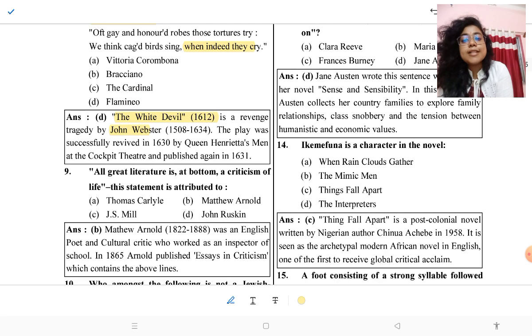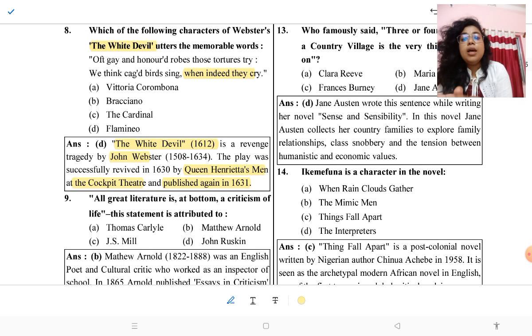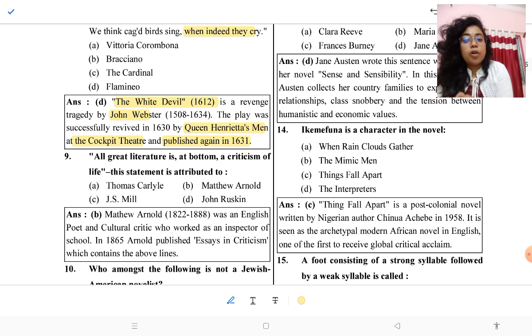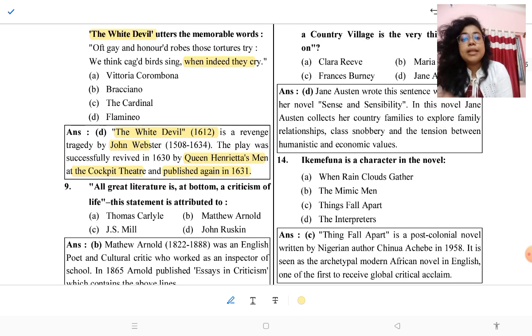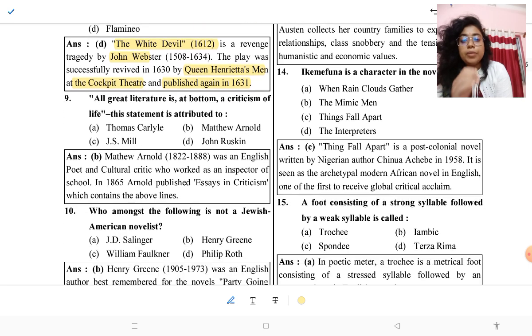The play was successfully revived in 1630 by Queen Henrietta's Men at the Cockpit Theatre, and published again in 1631. There are many other questions asking for the odd one out among revenge tragedies, and there you can see the name of The White Devil. It was staged by Queen Henrietta's Men at the Cockpit Theatre, and the famous line was taken from the play.